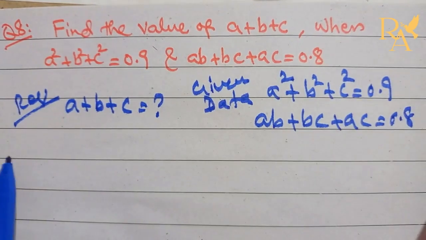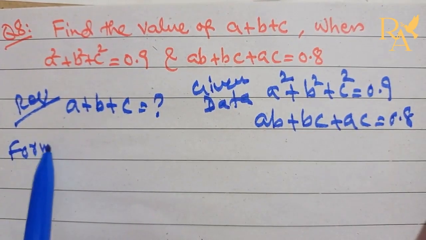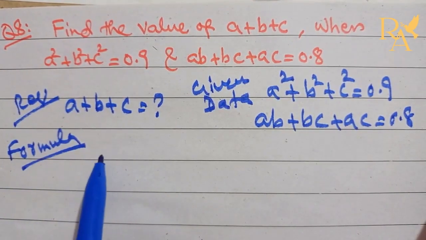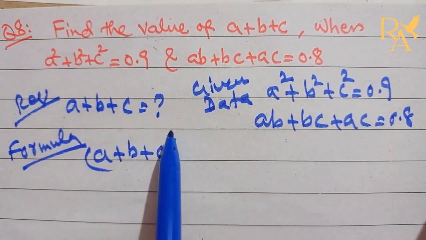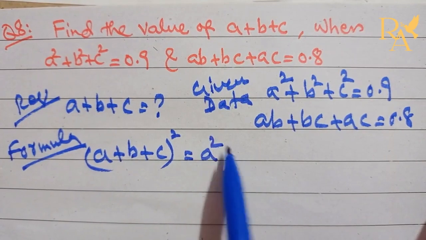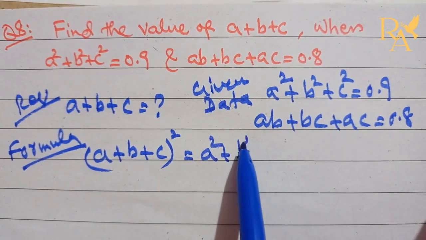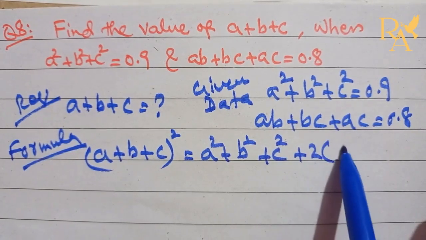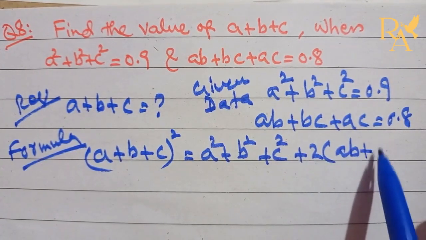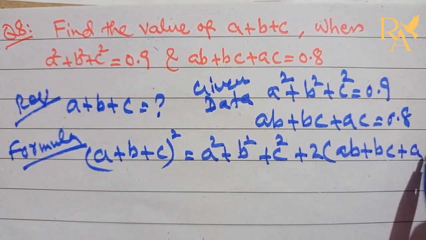Now we will use the formula A plus B plus C whole square is equal to A square plus B square plus C square plus 2 times AB plus BC plus AC.